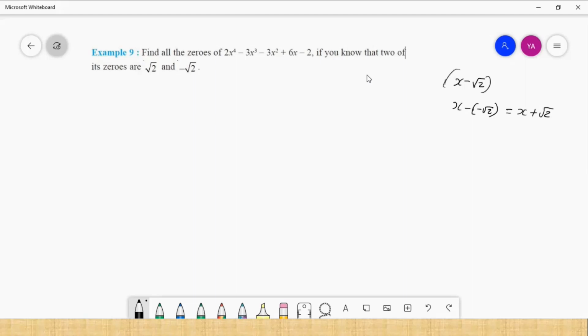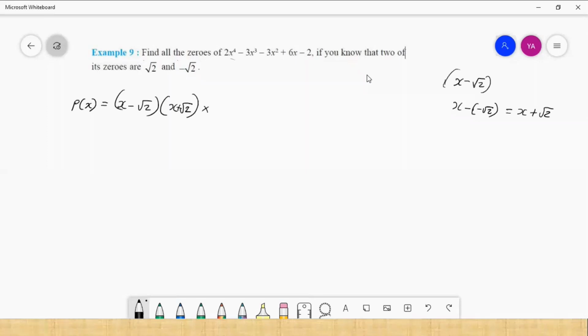Then their product will also be a factor. We give the name p of x, so p of x we can write as x minus root 2 into x plus root 2. This will be a factor of p of x.